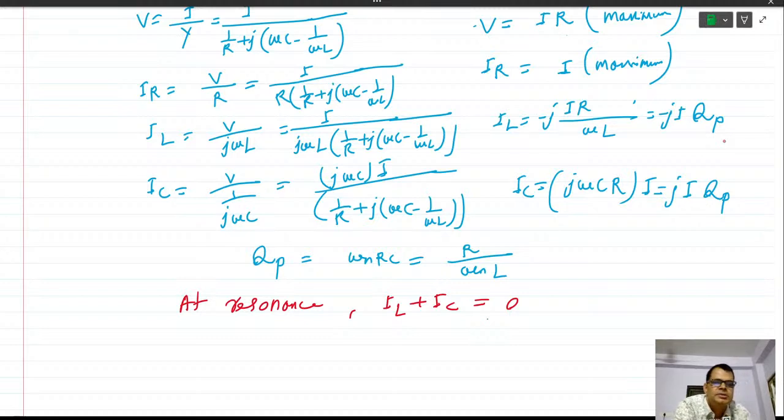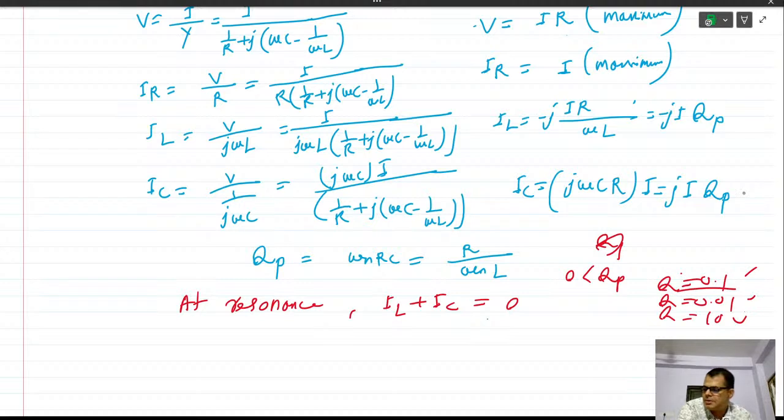Sometimes Q can be less than 1. The quality factor cannot be negative, so it is greater than 0. It can be like 0.1, it can be 0.01, it can be 10. If it is 0.01, you can see it is less than the supply current.